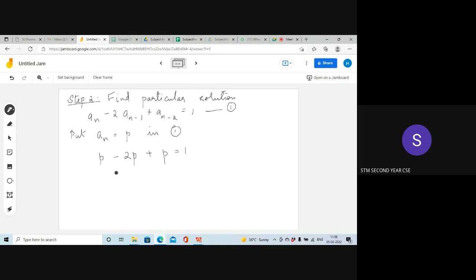So what will you get when you solve this equation? p plus p minus 2p. What will you get? 2p minus 2p is equal to 1. What is 2p minus 2p?